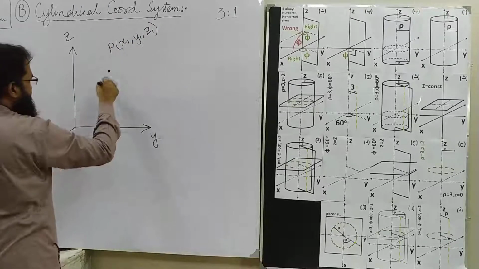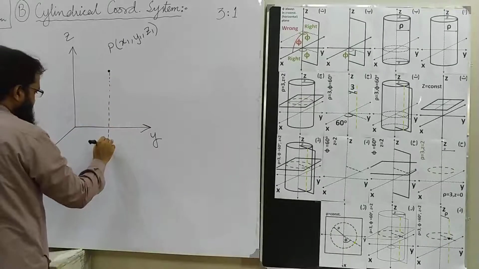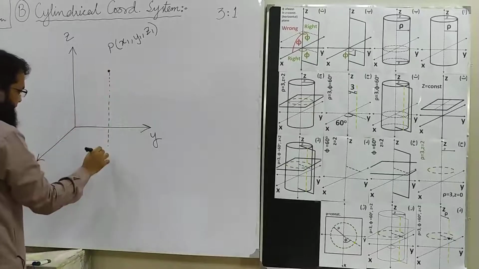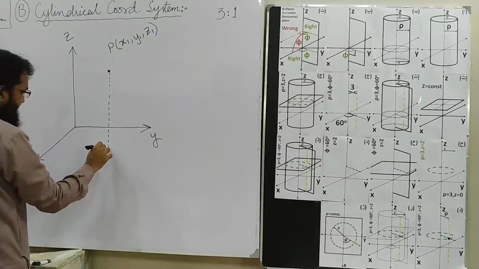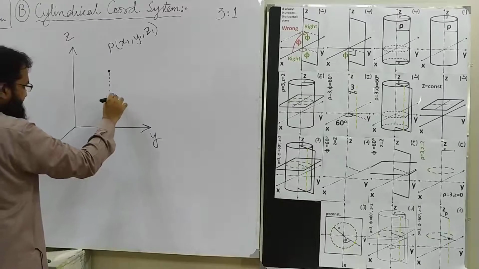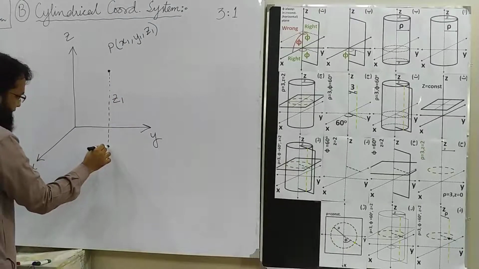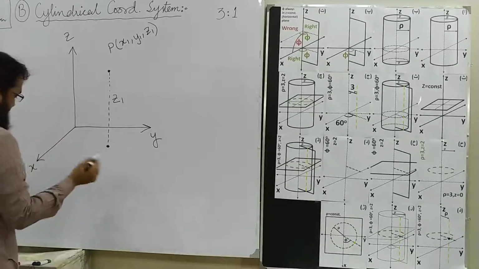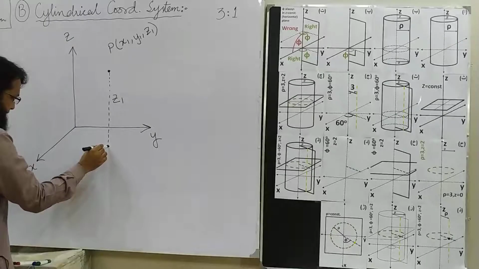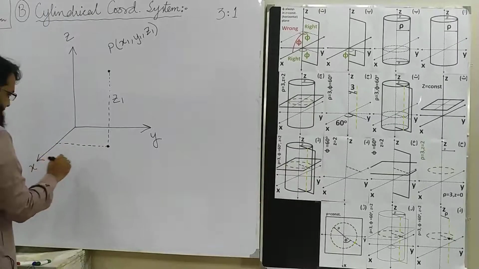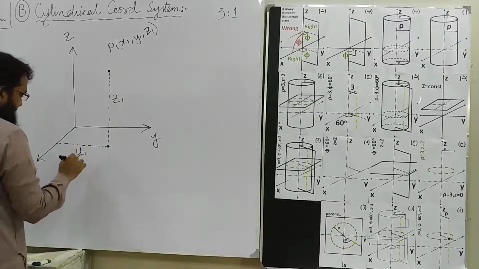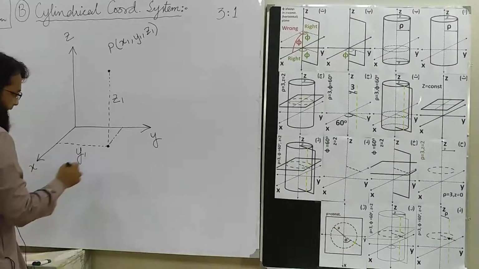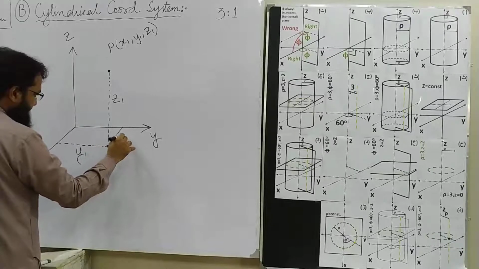These coordinates tell you that if you draw a perpendicular from this point on the xy plane, or z equals 0 plane, the height of this line is nothing but z1. Now from the intersection of this vertical line and the xy plane, if you drop a perpendicular on the x-axis, you get y1, the y coordinate, and if you drop a perpendicular on the y-axis, you get x1.